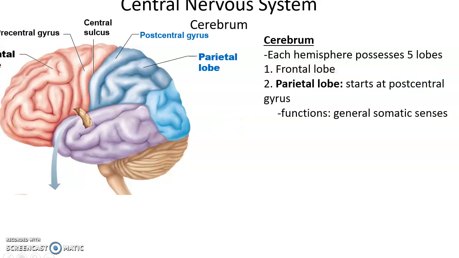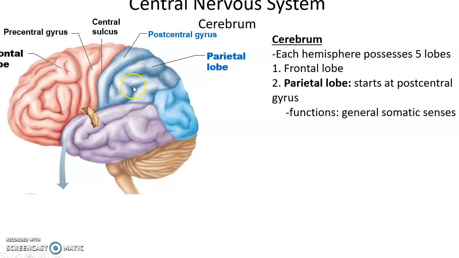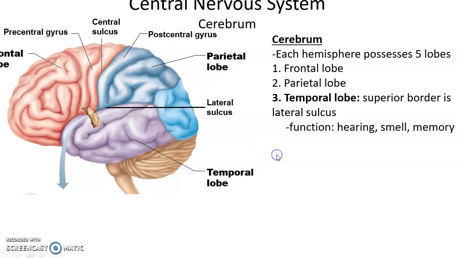Parietal lobe. The parietal lobe is sort of in the top middle of the cerebrum, underneath the parietal bones. The strip on the anterior end of the parietal lobe is called the postcentral gyrus. The postcentral gyrus is where all of the general somatic sensory information arrives. So all the senses associated with your skin, touch, tickle, itch, temperature, and so on, that information goes to the postcentral gyrus of the parietal lobe.